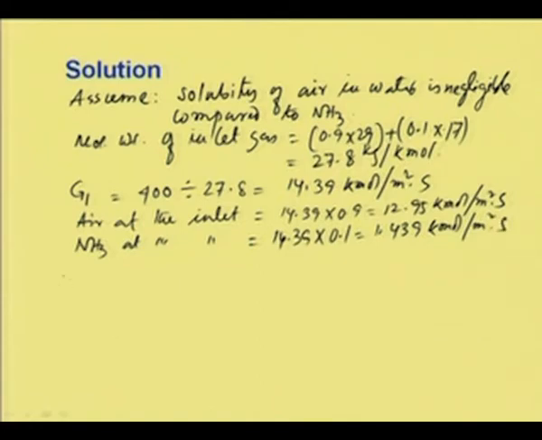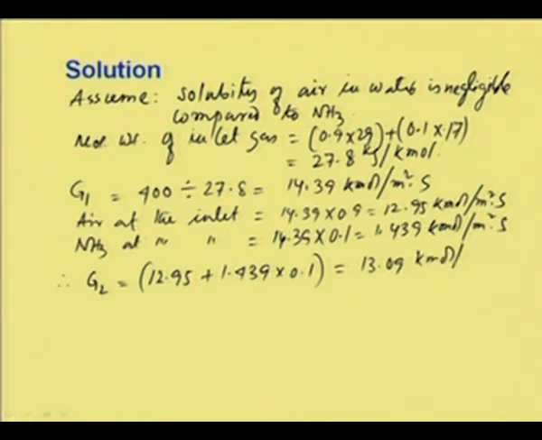So, then we can calculate G 2, which is air, 12.95, plus 1.439 into 0.1. So, this is equal to 13.09 kmol per meter square second.